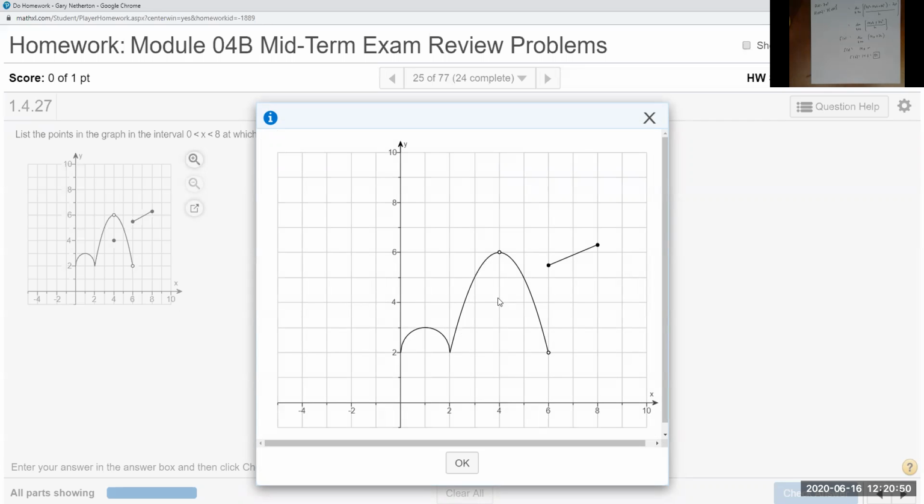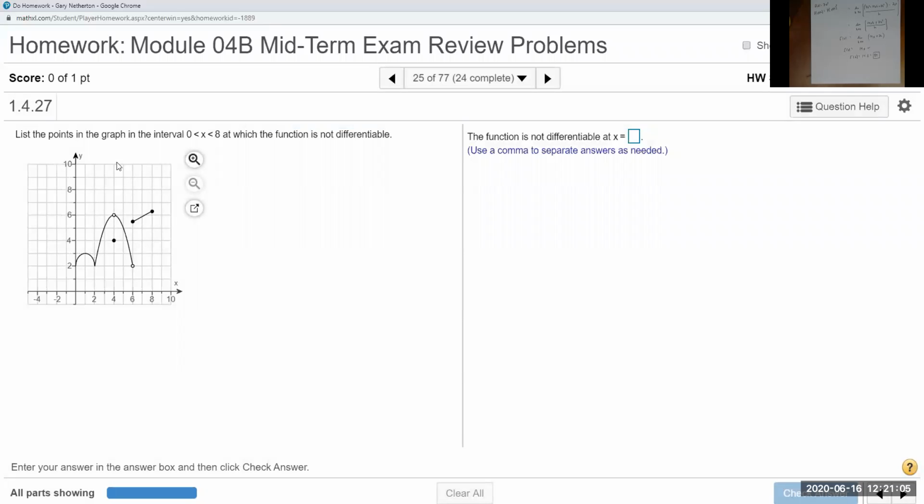There's a hole there, it jumps down here, and then there's a hole here, it jumps up here. So this has lots of gaps and holes and corners, all kinds of crazy things. And the question here is, list the points in the graph from 0 to 8 at which the function is not differentiable.